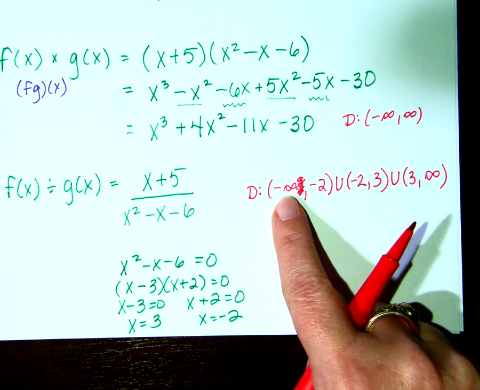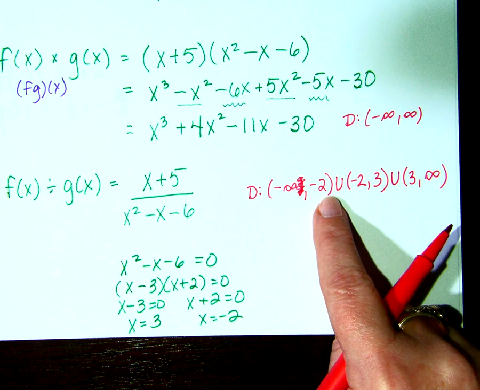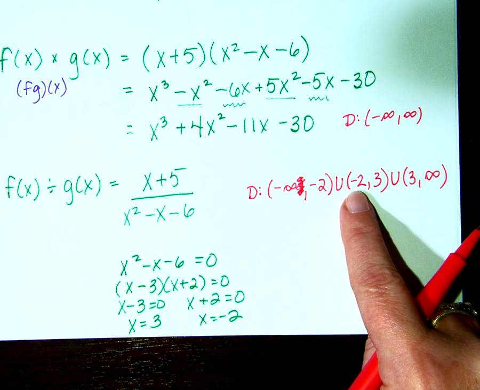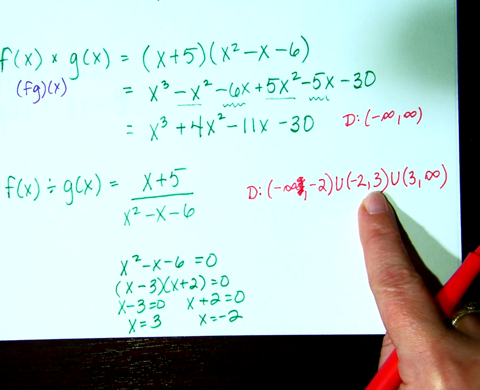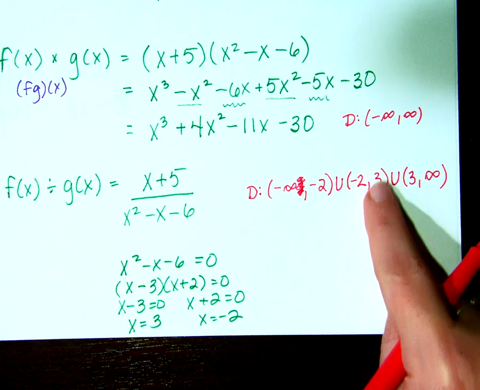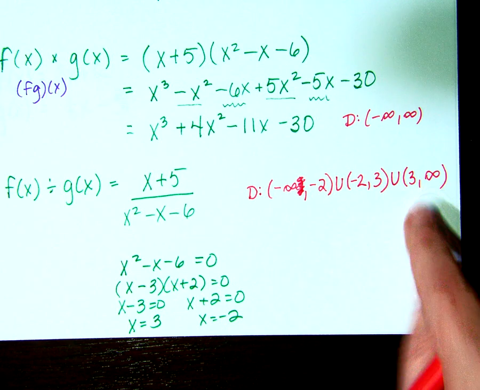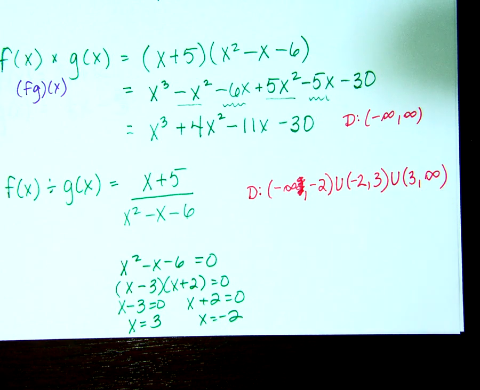So it goes from -infinity to -2 and stops and doesn't include -2, and then it starts on the other side of -2 and goes all the way to 3, but then it stops, doesn't get to 3, but it starts on the other side of 3 and goes all the way to infinity. Do you remember that? We talked about it already at the beginning of the year, but it's been a while, so I wanted to remind you.